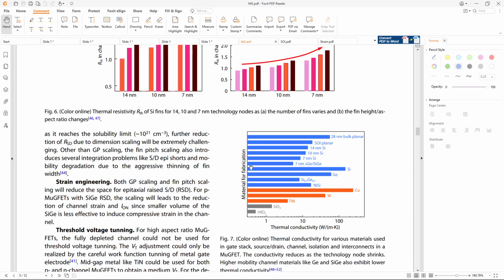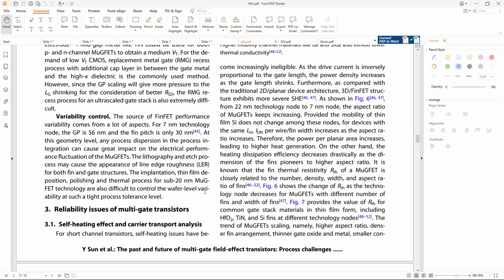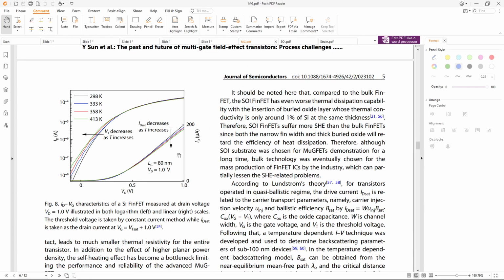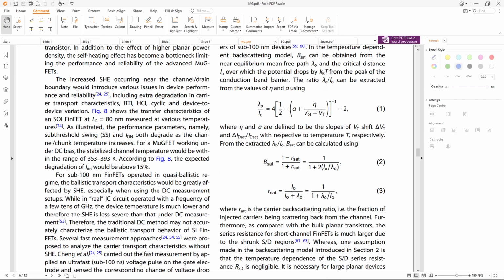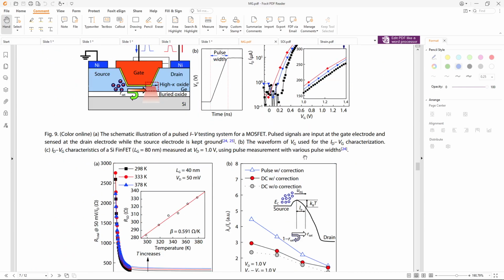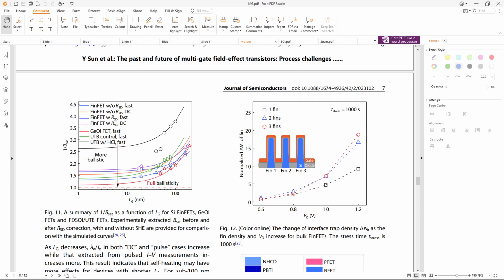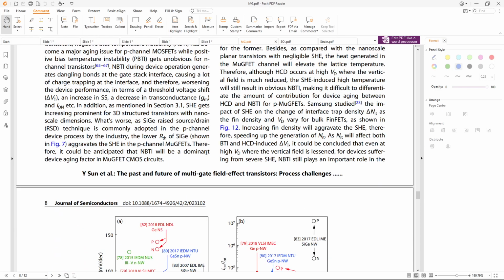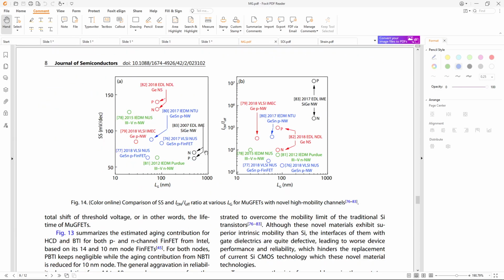So this is for multi-gate devices. Again, all of those things are discussed, and the limitations like self-heating effects and some other further limitations are also discussed here. Certain parameters for that are also shown. So you can again read papers like this, and based on what has been discussed in this course, you will be able to understand many of the things that are discussed here in better detail.